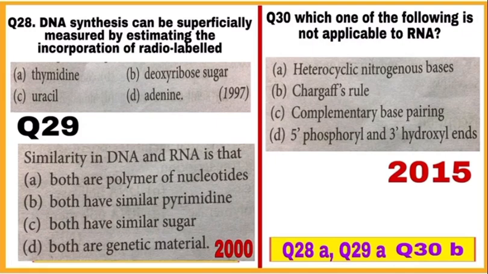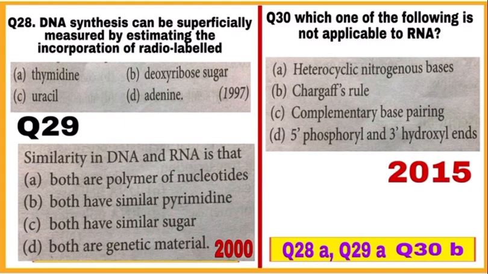Question 29. Similarity in DNA and RNA is that, option A, DNA and RNA both are polymers of nucleotides. Option B, in DNA the pyrimidine base is thymine while in RNA it is uracil. So both have different pyrimidine. Option C, DNA has deoxyribose sugar while RNA has ribose sugar, thus both have different sugar.